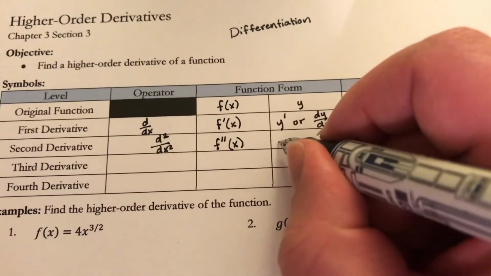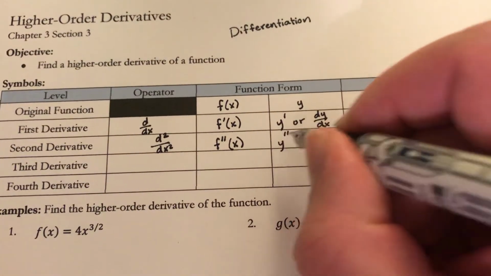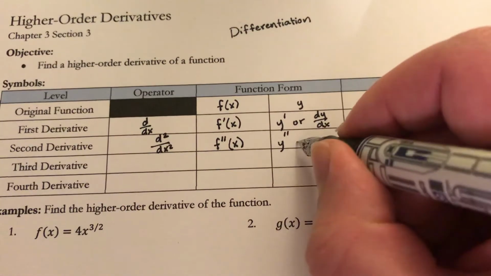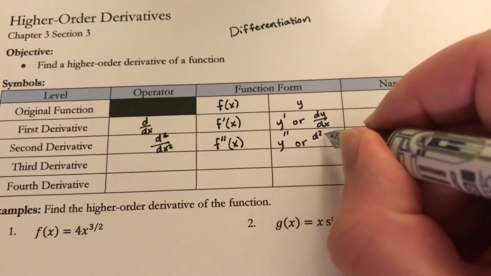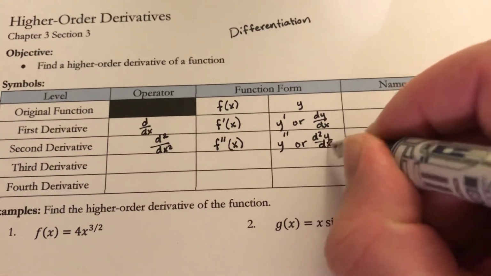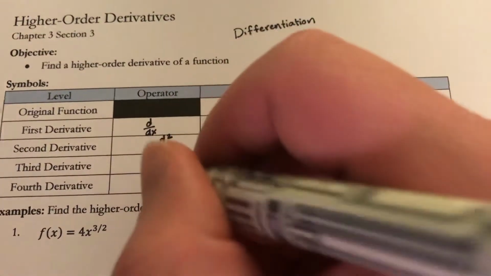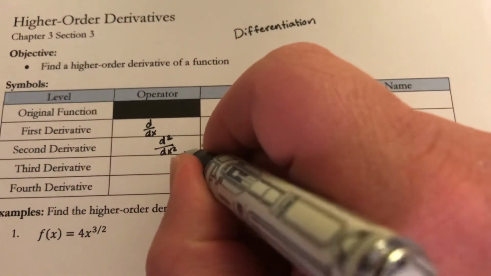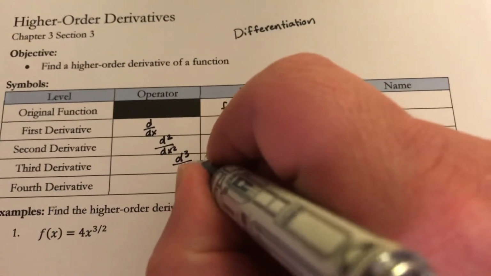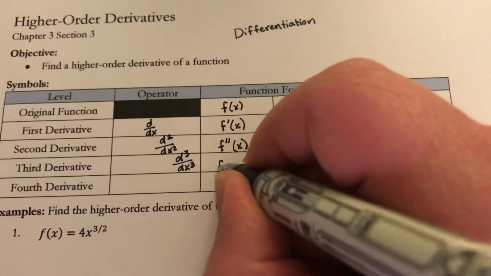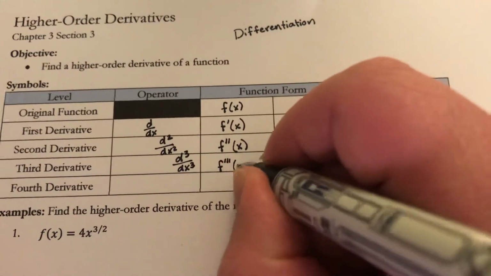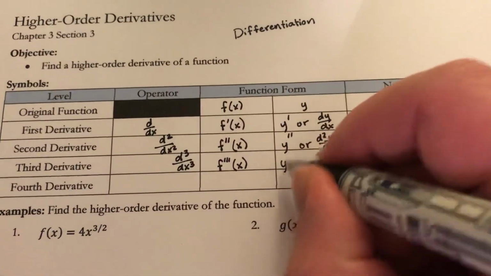We could do the same thing with y, so we could say y double prime, with two apostrophes, or we could say d to the second y over dx to the second. If I do the third derivative, it's going to follow the same kind of pattern, so it'll be d to the third over dx to the third, and we can write f triple prime of x and y with three apostrophes.